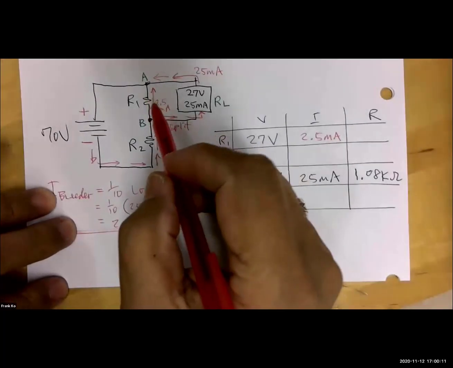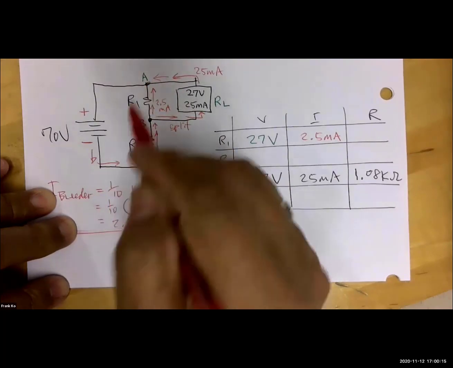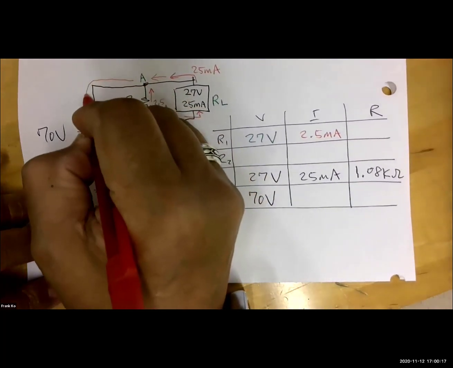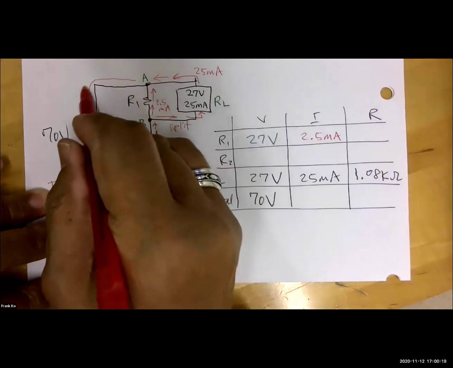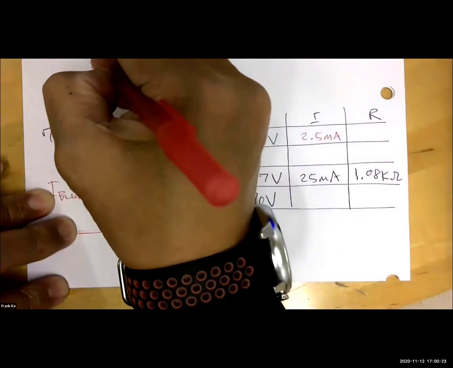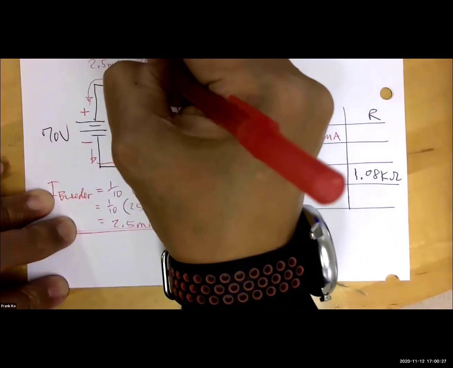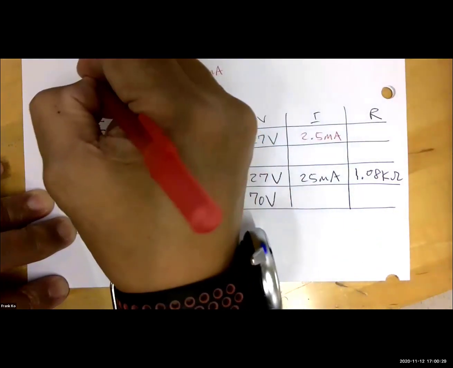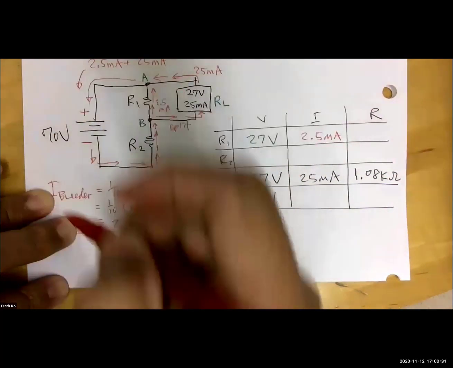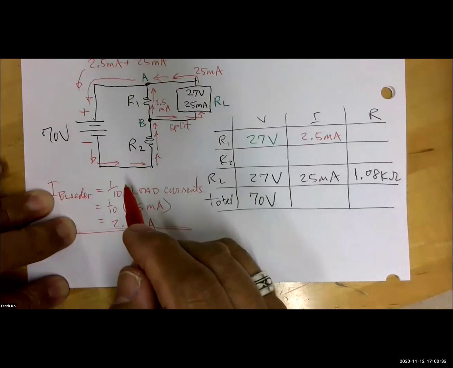Okay, don't these two currents combine at the very top to go back to the source? And isn't this current the sum of 2.5 milliamps plus the 25 milliamps? So how much current do I have going back to the source, Jackie? You have 27.5 milliamps.